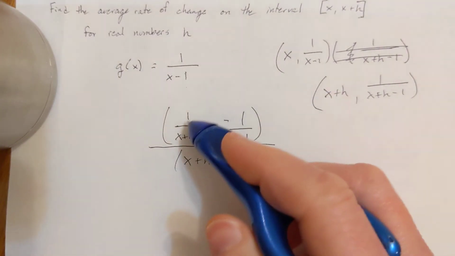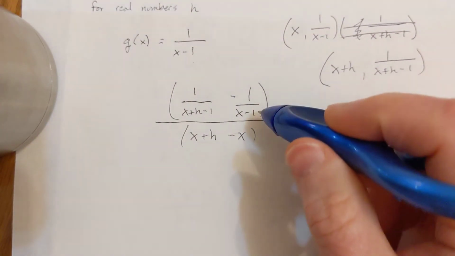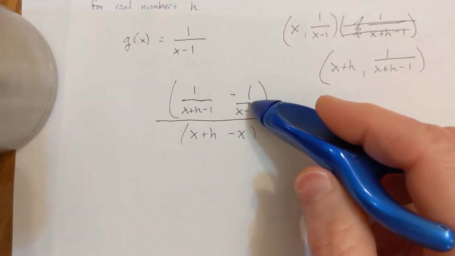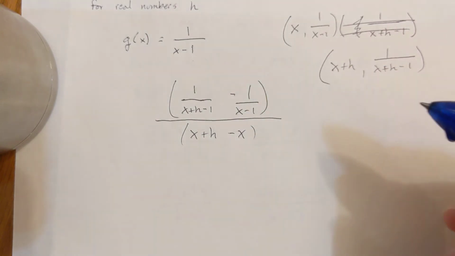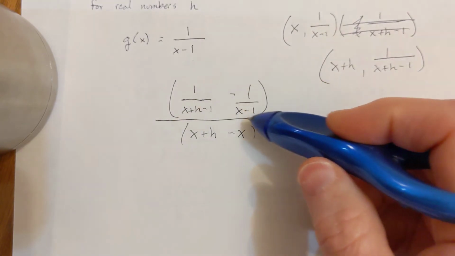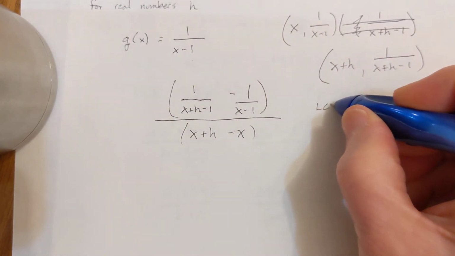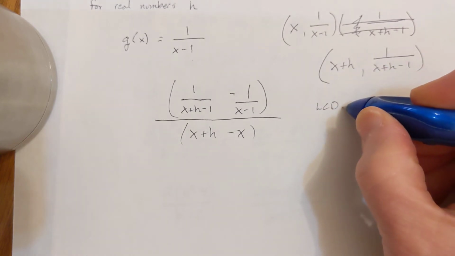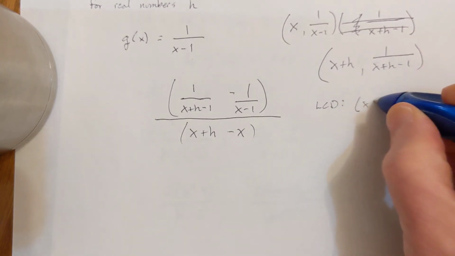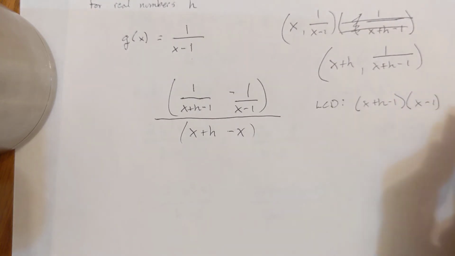You'll notice I have fractions in my numerator, not in my denominator. In order to combine these fractions, in order to simplify, I have to find my least common denominator, build to my least common denominator, and then simplify. My least common denominator for my numerator is x plus h minus 1 times x minus 1.